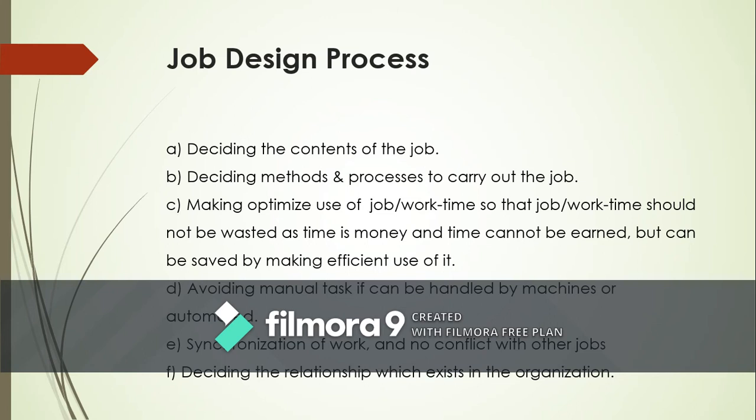So from one to second, from second to third point, from third to fourth, the product should flow smoothly without any conflict with the other jobs. It could be a product or it could be a service. Okay, so see, it should synchronize. The job should synchronize with the work of the organization, and also without any conflict arising out of other jobs.